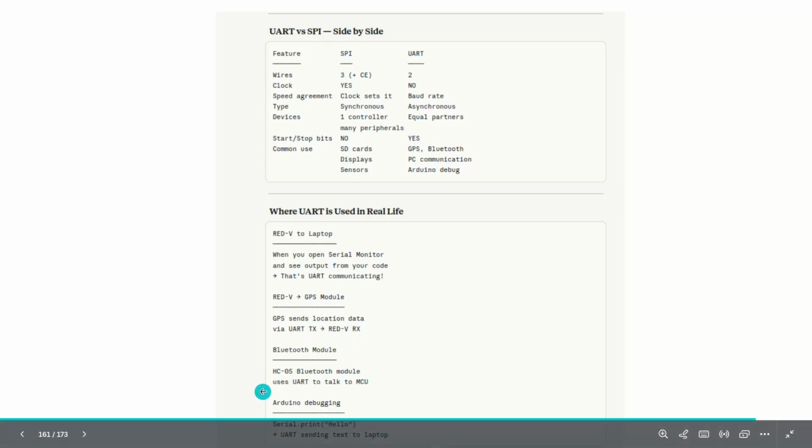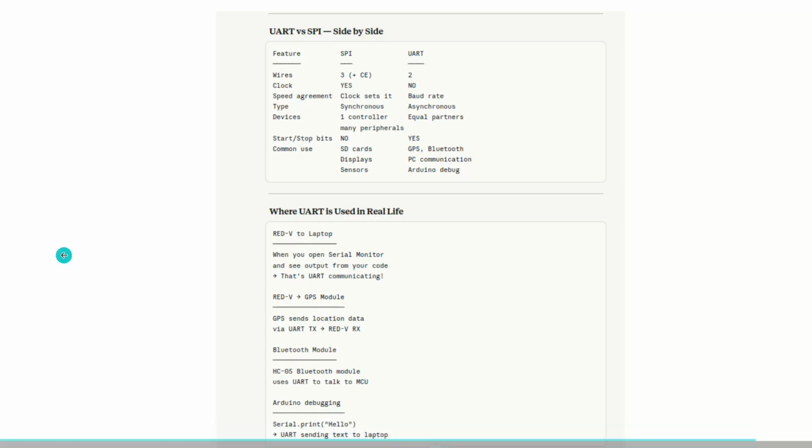Bluetooth, we know, uses UART; the HC-05 Bluetooth module uses UART to talk to the MCU. UART also sends text to our laptop, that is Serial.print, which is Arduino debugging.